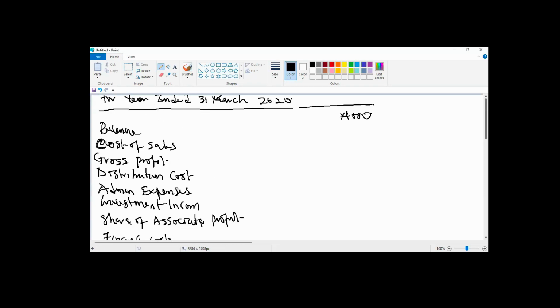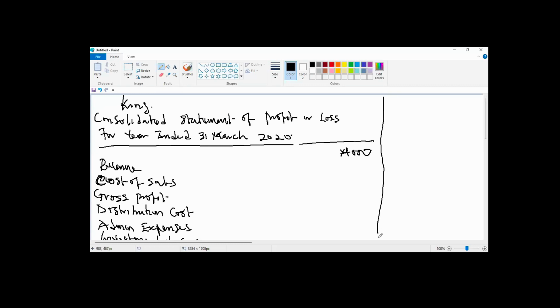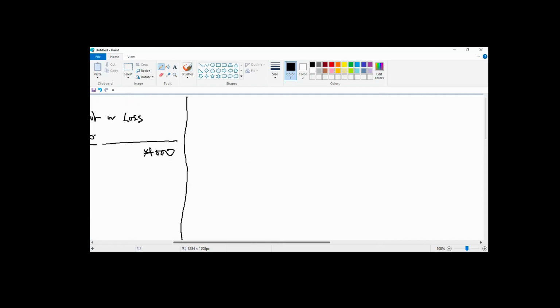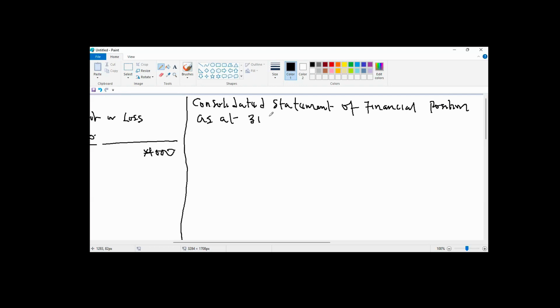After that is done, I will now go and open statement of financial position. I will say consolidated statements of financial position as at 31st March 2020.